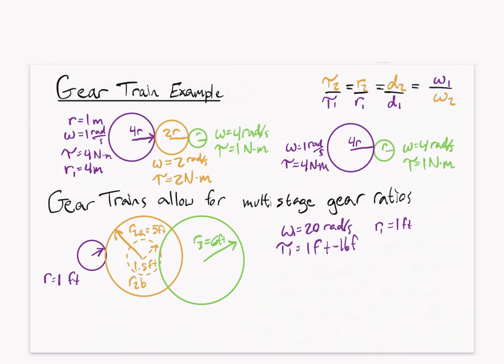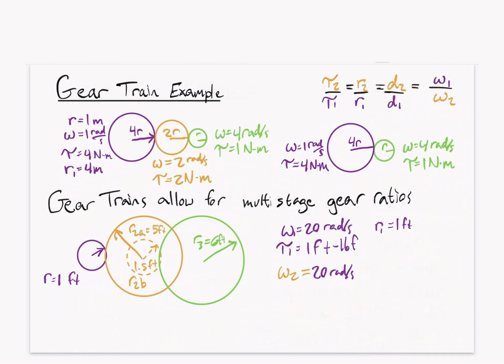Now, for omega 2, we have that omega 2 is based off of omega 1 and the ratio of our radii. So we can say omega 2 is based off of that 20 radians per second that we start off with.